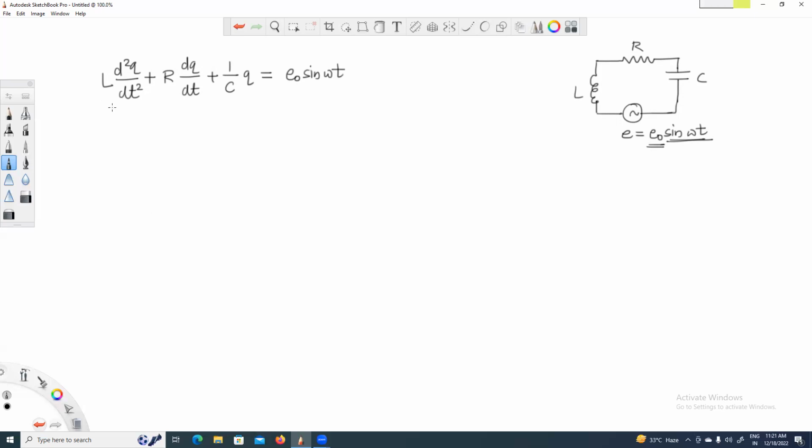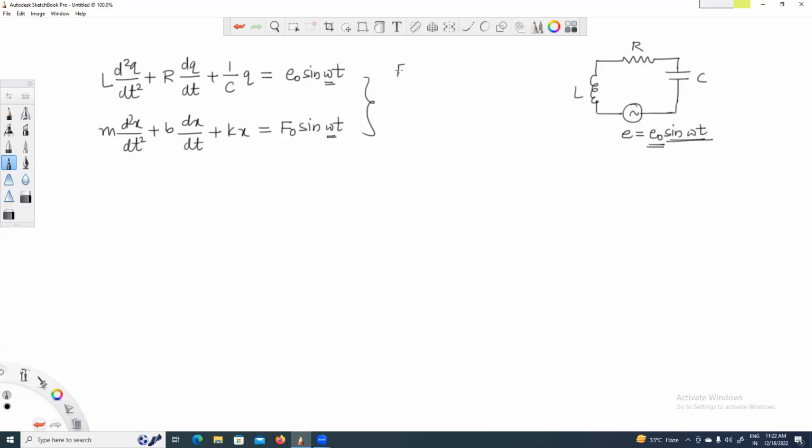And if you look at this equation, this exactly looks similar to m d2x over dt square plus b dx over dt plus kx equals some external force which is periodic in nature, and it is periodic with certain frequency omega. So this is quite similar, right? We have already seen the analogy between these terms.